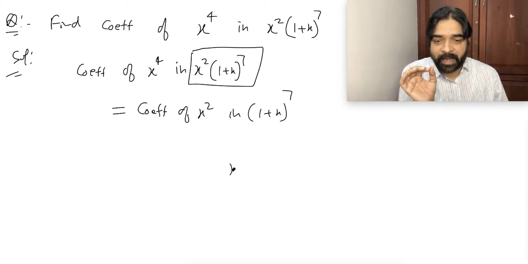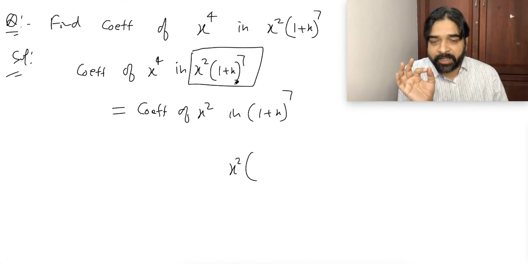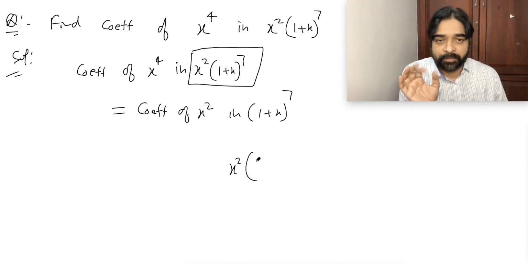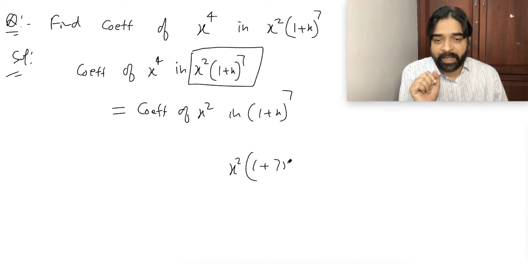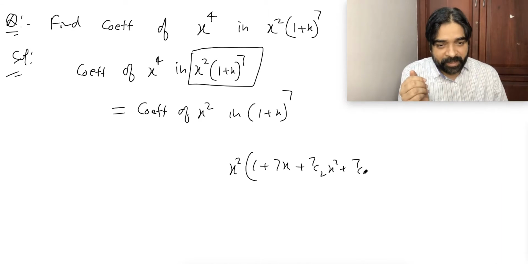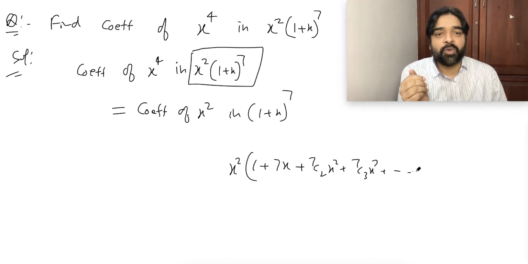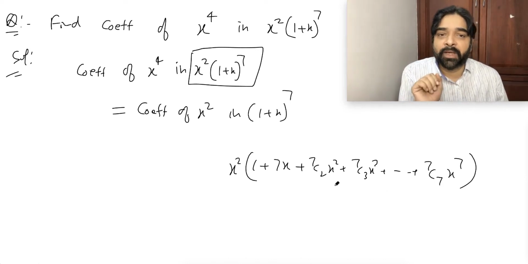If you expand this, I am not expanding, but listen. If this is expanded, what will you get? 7C0 1, plus 7C1 x, plus 7C2 x square, plus 7C3 x cube, plus so on, up to 7C7 x power 7. Yes or no? This will come. Now, this will go and multiply.